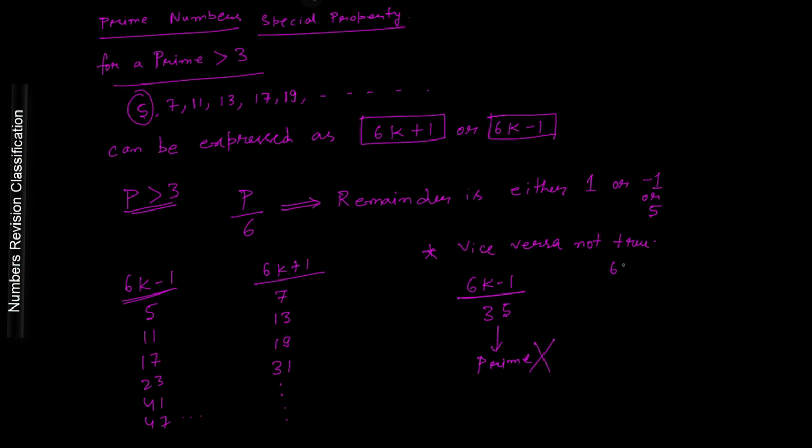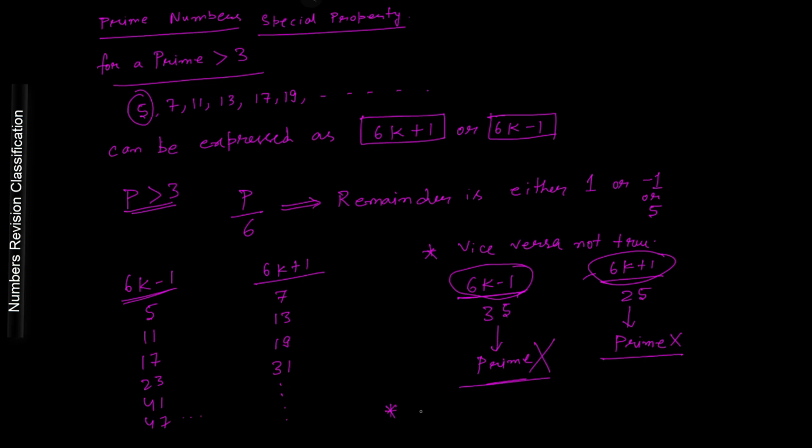Similarly, there are certain numbers of 6k plus 1 structure, for example 25. Is it prime? No, it is not a prime number. So don't apply it to check whether a number is prime or not. You can't do that. What is important is that if a number is of the form 6k minus 1 or 6k plus 1, it may or may not be prime. But if the number is not of this form, it is definitely not prime.